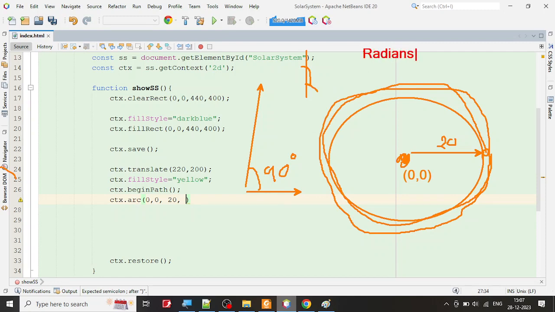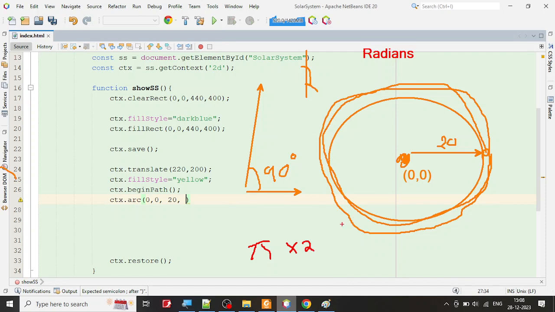So what is this radians? Radians is you have to multiply with pi. You are familiar with this pi value, 3.14 something. So 2 times this pi is 360 degrees.